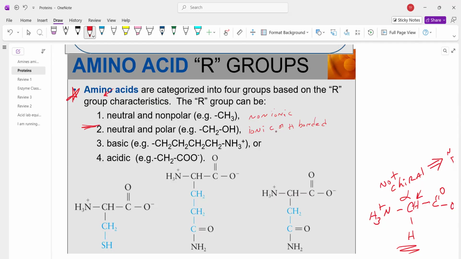Non-polar, we used a whole bunch of alkanes, or H. And then there's basic and acidic groups, side chains.